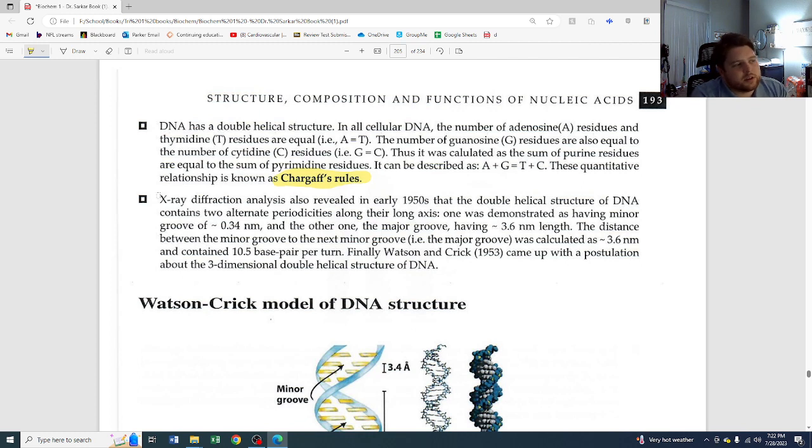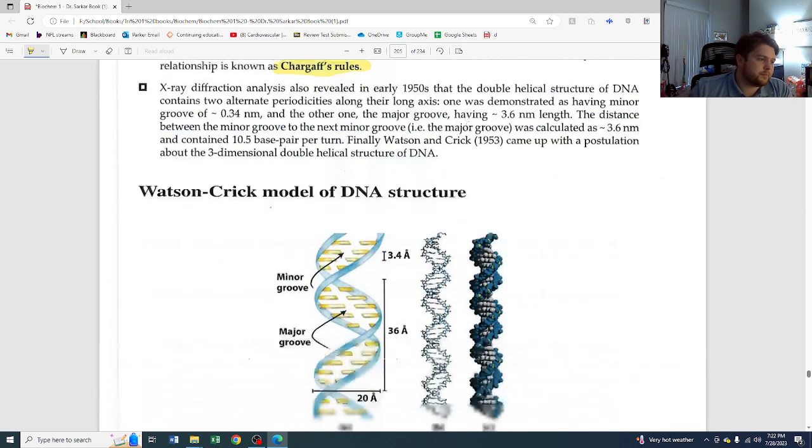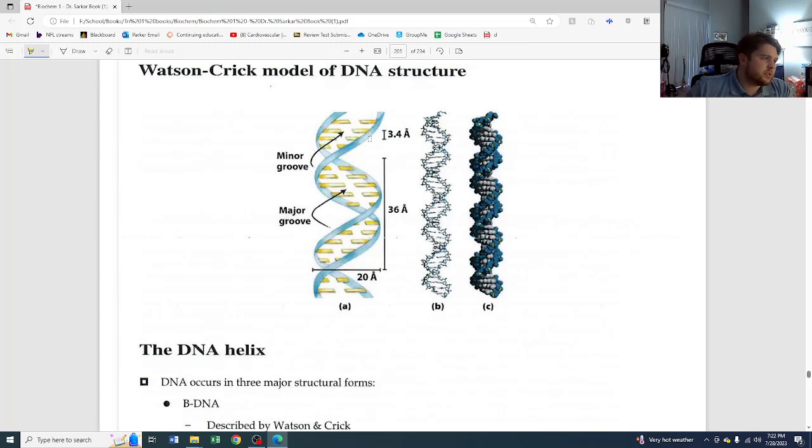The distance between the minor groove to the next minor groove was calculated as 3.6 nanometers and contained 10.5 base pairs per turn. Finally, Watson and Crick in 1953 came up with a postulation about the three-dimensional double helical structure of DNA. So see, we have a minor groove and a major groove. It's just saying the thickness between them. So you can see here the major groove versus the minor groove.